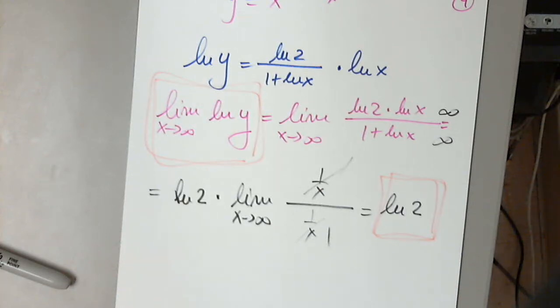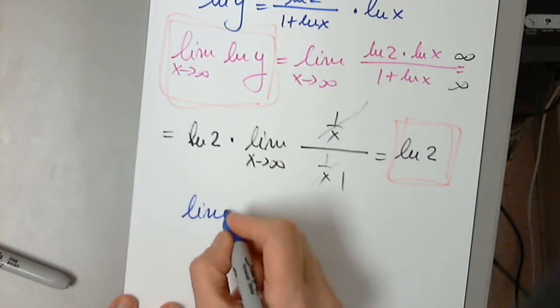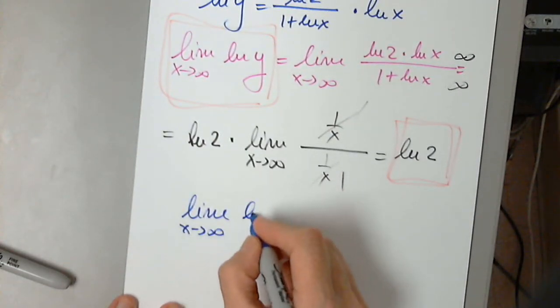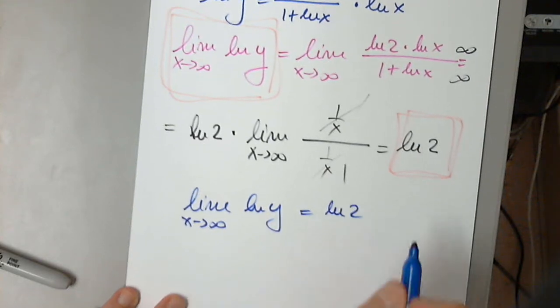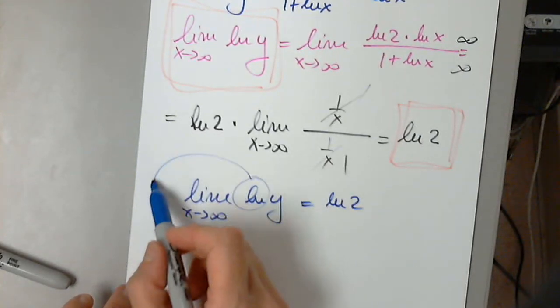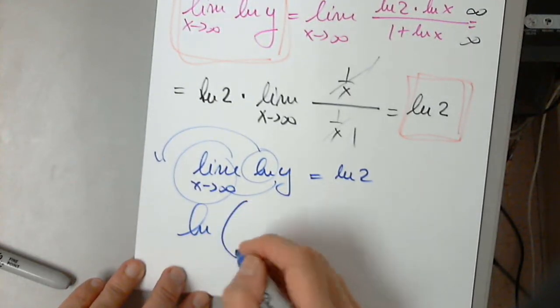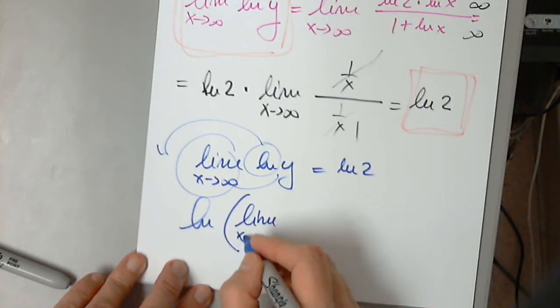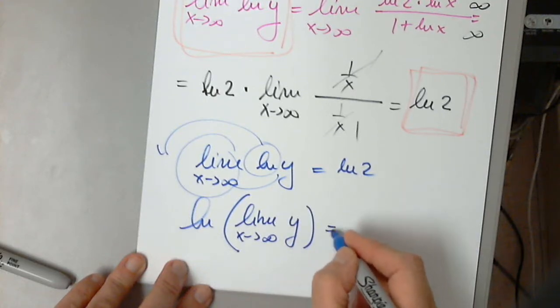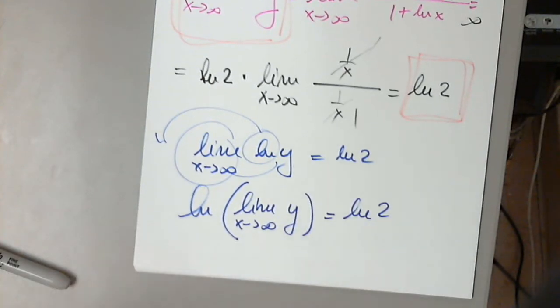And then I copy the beginning, which is limit as x approaches infinity from natural log y equals natural log 2. At this point, I do this. So I have natural log in parentheses, the limit as x approaches infinity from y equals natural log 2. In this particular example, I didn't even need to think.